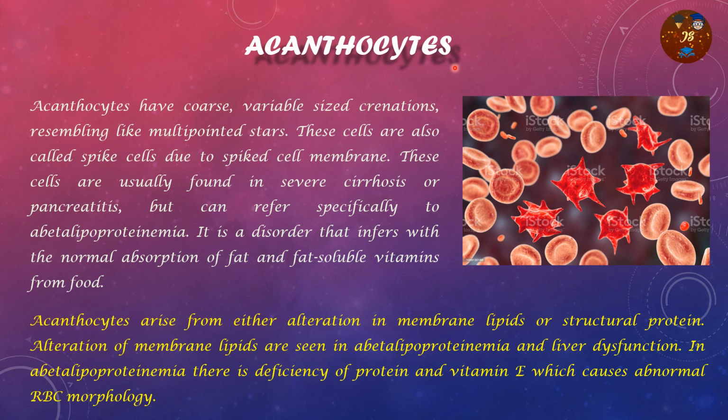These acanthocytes are also known as spike cells or spur cells. They have coarse, variable sized crenations. What are crenations? It's an object having a scalloped edge, meaning the edge is not smooth but horny, resembling multi-pointed stars.